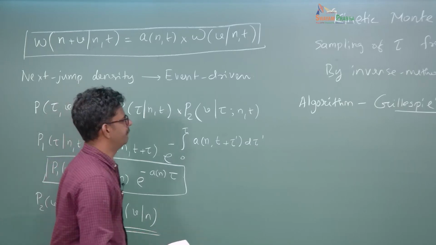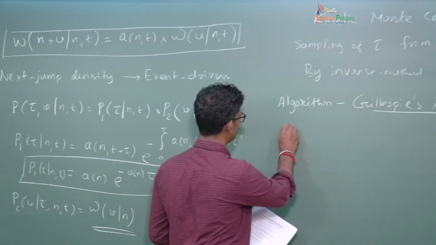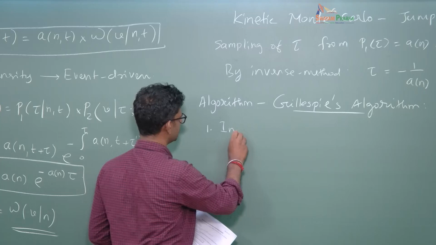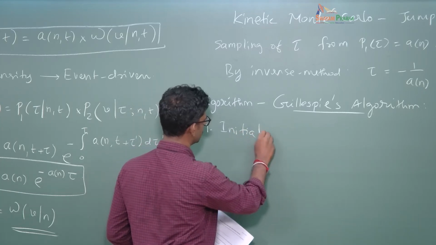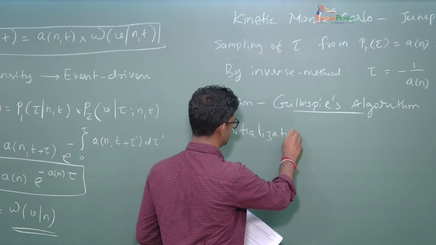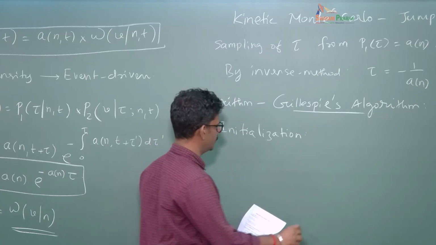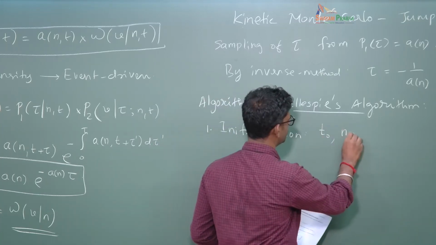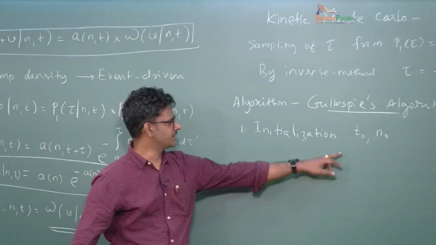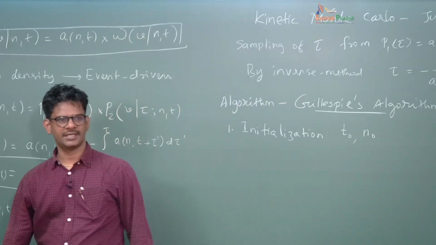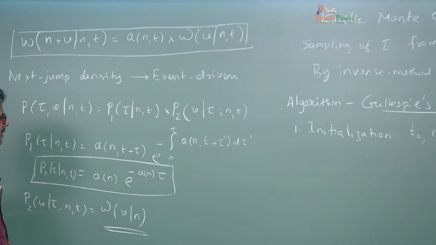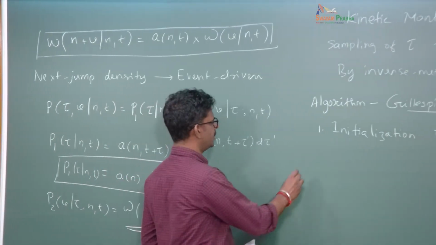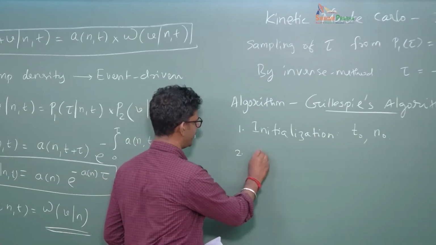It's a very simple few lines of code. The first thing is initialization: you would set t naught and n naught. So you initialize the time and the state variable at time t equal to 0, or t naught. That is initialization.